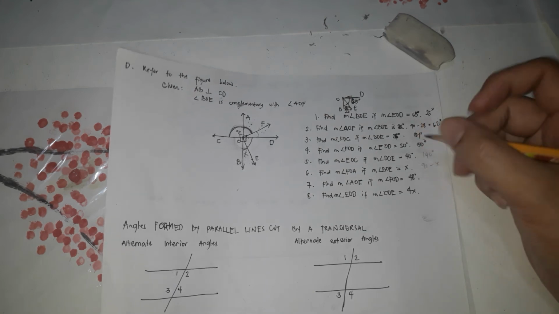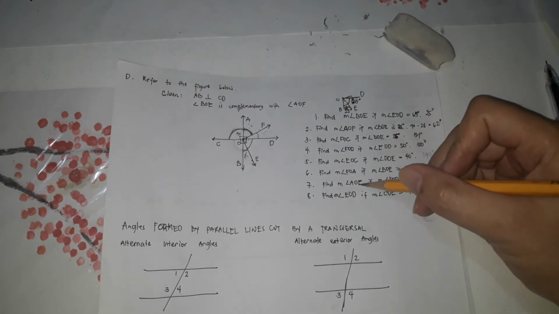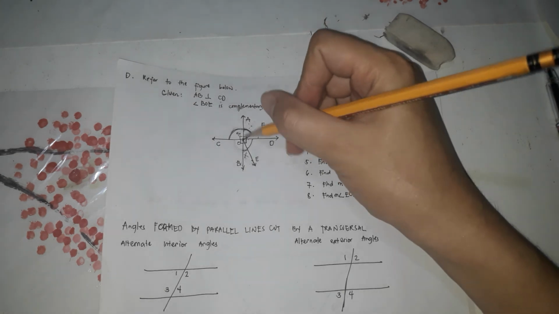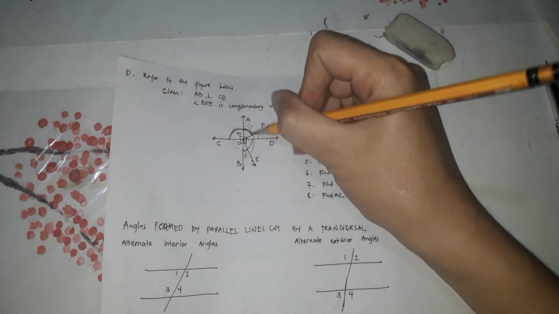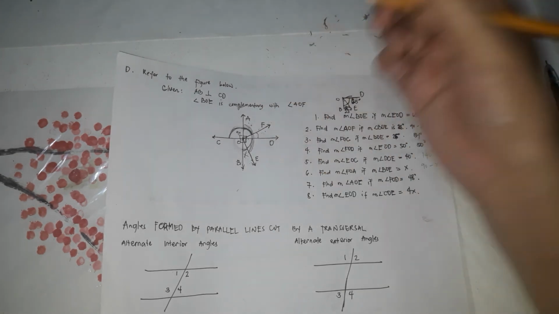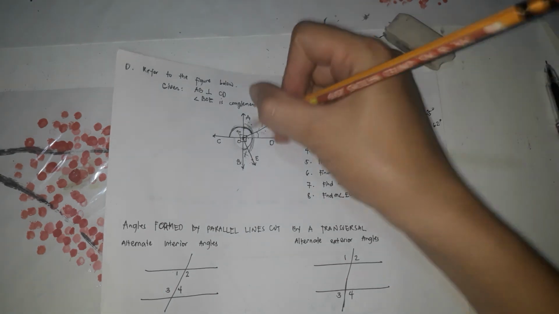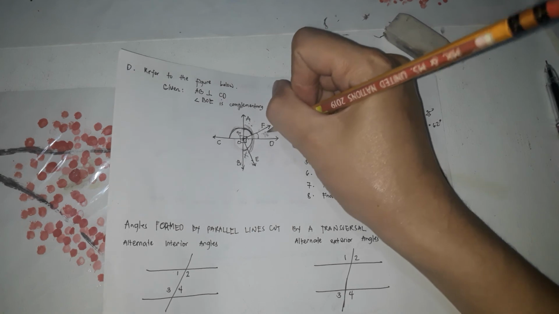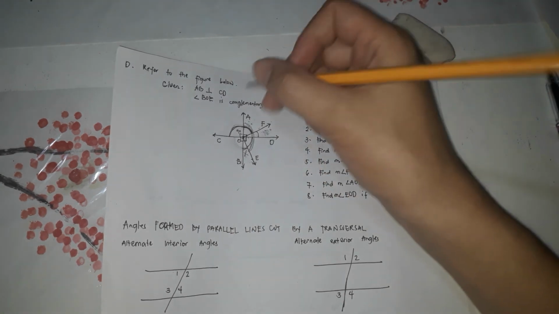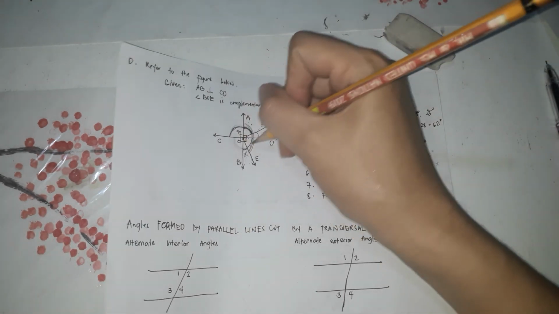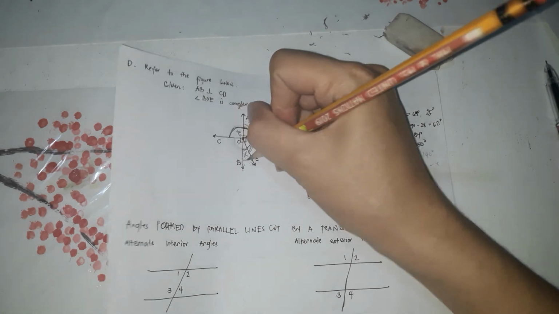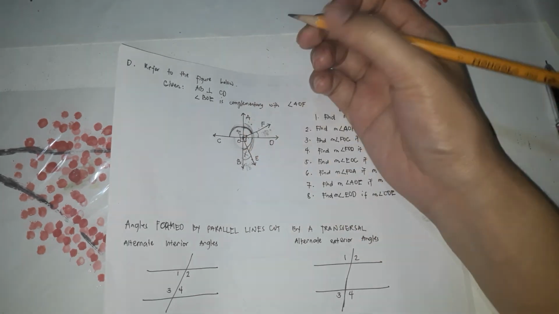Kahit na X siya. So, AOE. Hanapin natin si AOE. If given FOD is 48 degrees. So as you could notice a while ago, si BOE is equal, so 48 degrees ito.